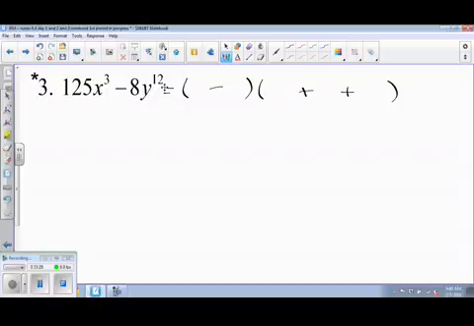Cube root of 125x to the 3rd is 5x. The cube root of 8y to the 12th is 2y to the 4th, because 12 divided by 3 is 4. Cube root, you just take that exponent divided by 3. Okay, now square the first term.